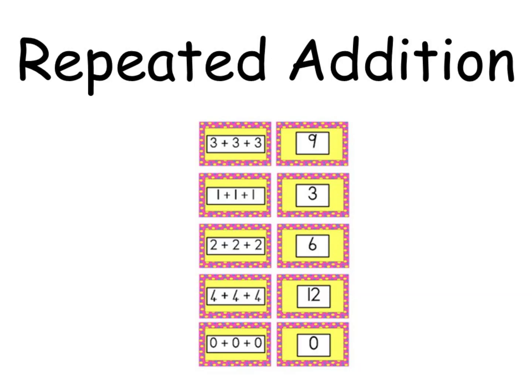So when you repeat yourself, that means you're saying the same thing over and over again, right? So an addition is when we just add two numbers together. All right, so repeated addition is just adding the same number repeatedly.